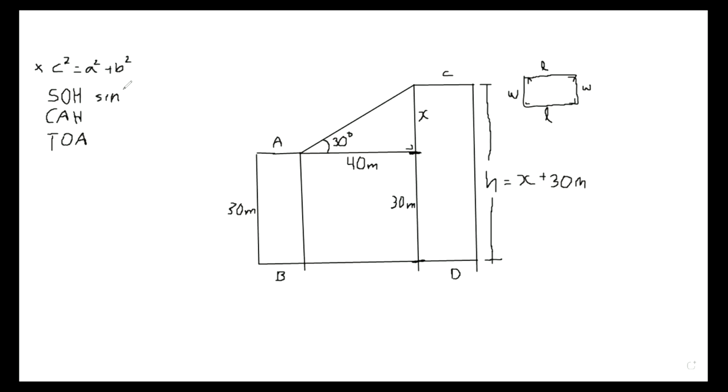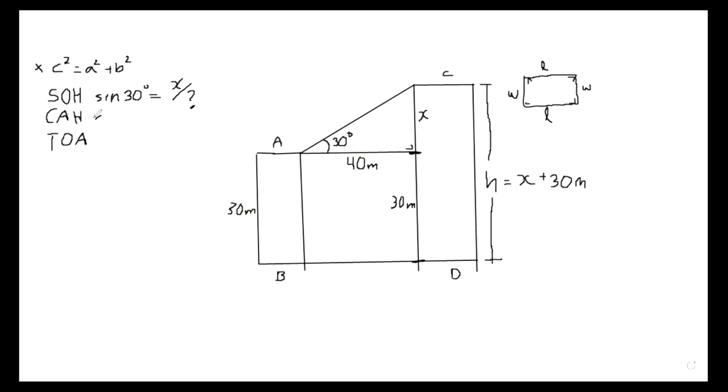Can I use sine? Well, my angle in this case would be 30, sine of 30 equals opposite over hypotenuse. Okay, we do have an opposite in this problem, but oh boy, uh-oh, we don't have a hypotenuse, so that's not going to work.